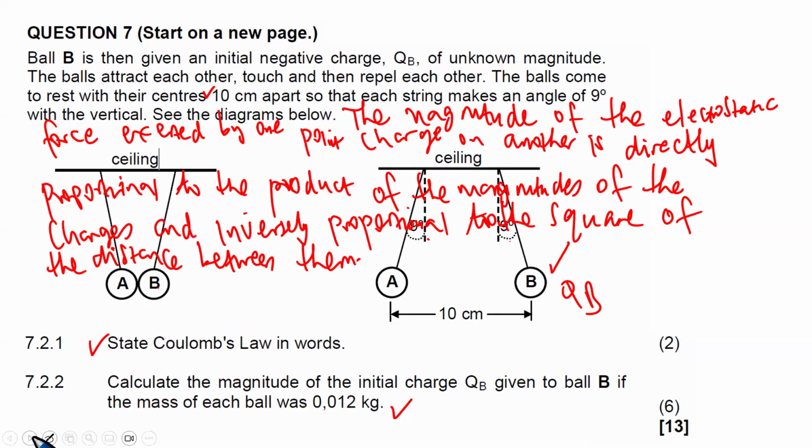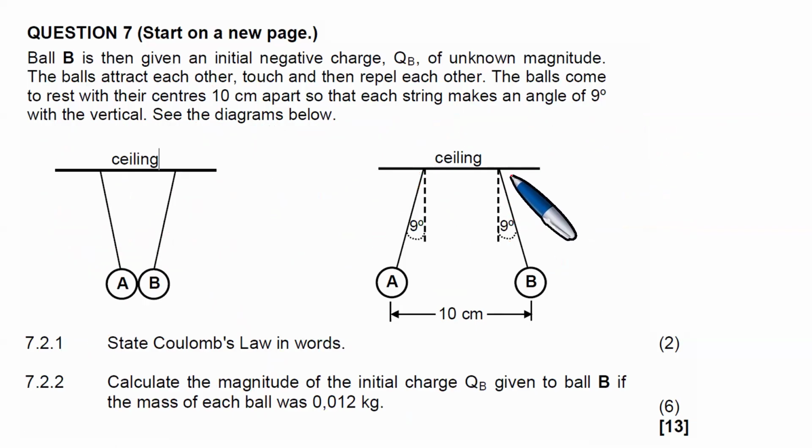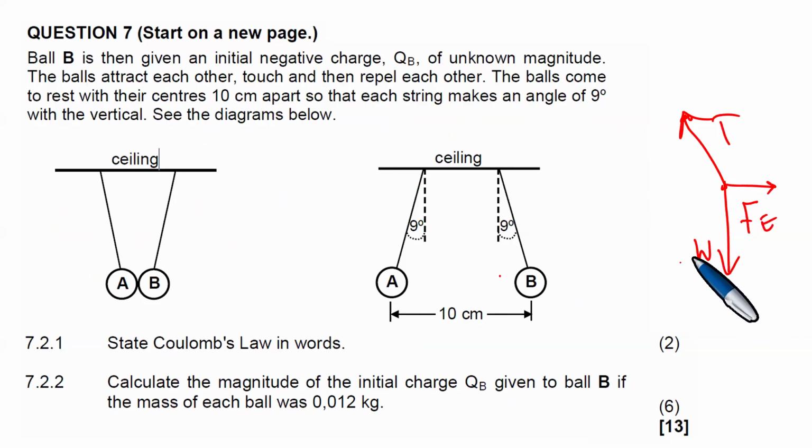Right. So now I want us to quickly finish off with this question and calculation. The ball is suspended there, and we want to calculate the initial charge. Now, what is happening here is you're going to have the tension, the electrostatic force, and the weight.